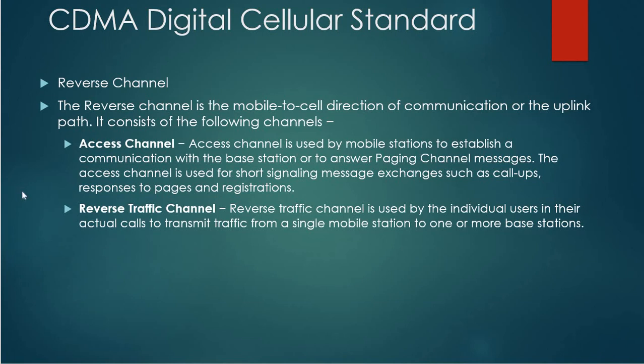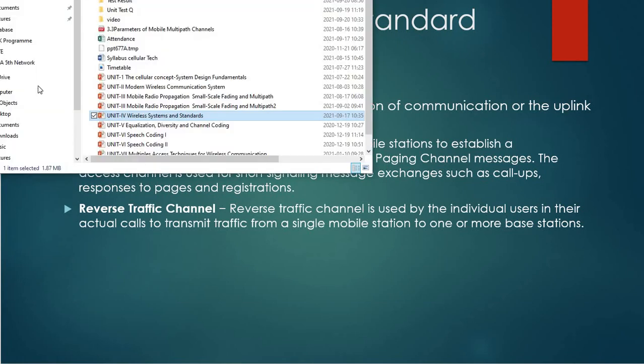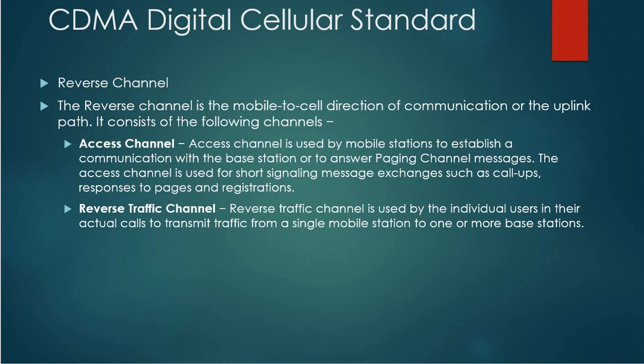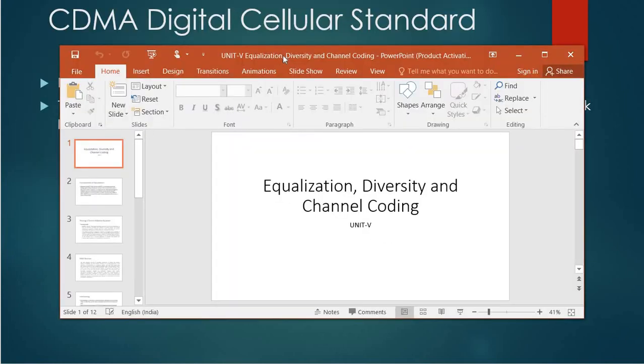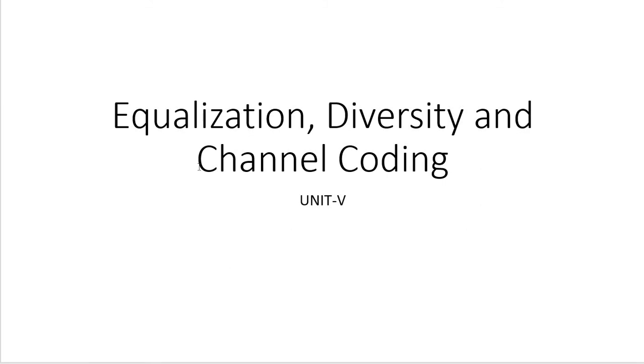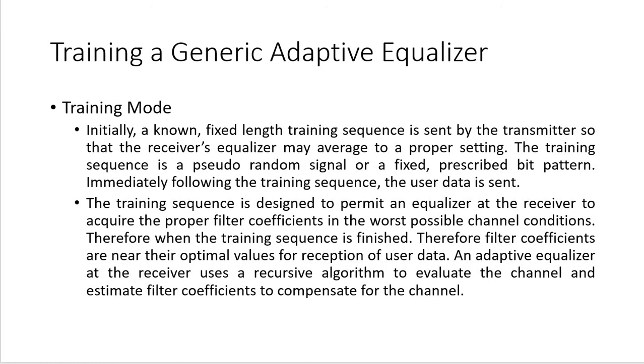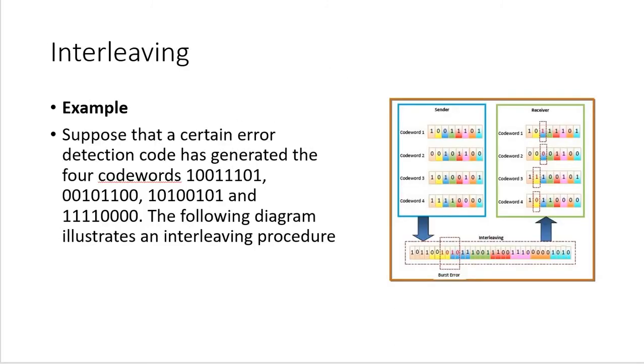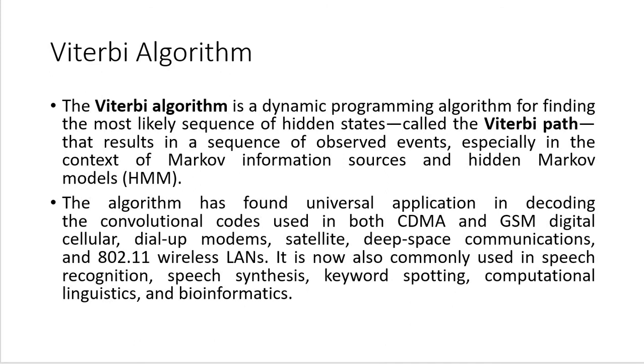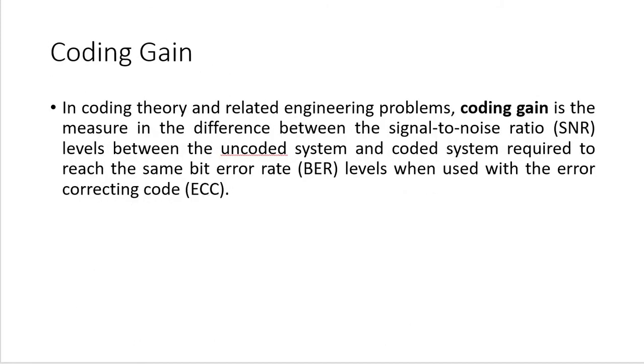Next class we are going to start the next unit, unit 5: quantization, diversity, and channel coding. This also is not a very complex one. It's a small topic. We can cover it within a single class.